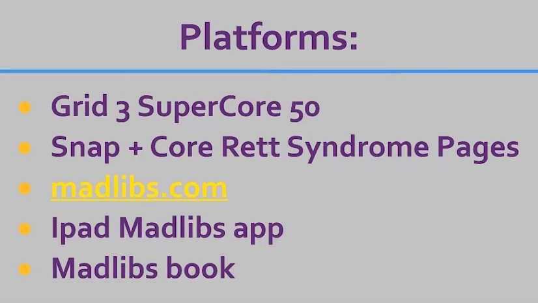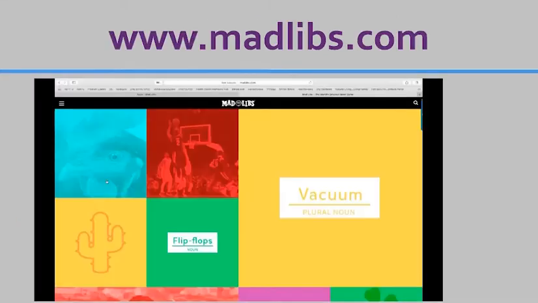And I also have on my iPad the Madlibs app, which I'll show you in a video. And I have a Madlibs book that I'm using when I am talking through the modeling process, just to keep it a little bit faster. I was trying to go a little bit faster so this lesson didn't get too long.